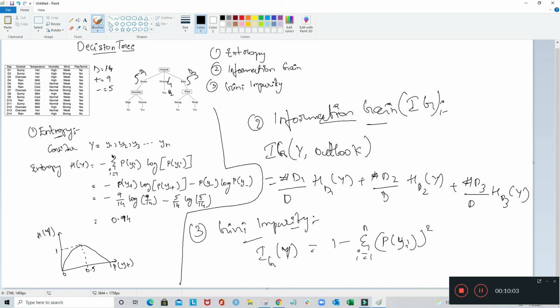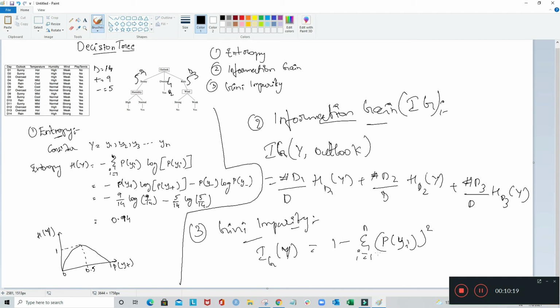Like in my entropy calculation, it's probability of y_i into log of probability of y_i, right? Here we don't have the log, rather it will square the inside summation value.